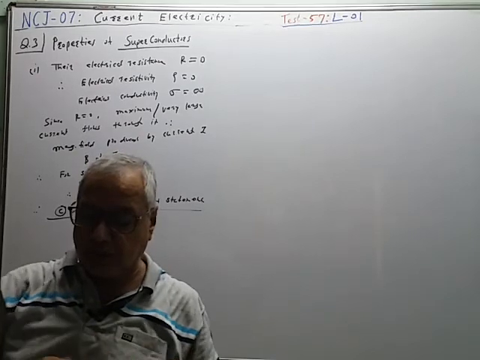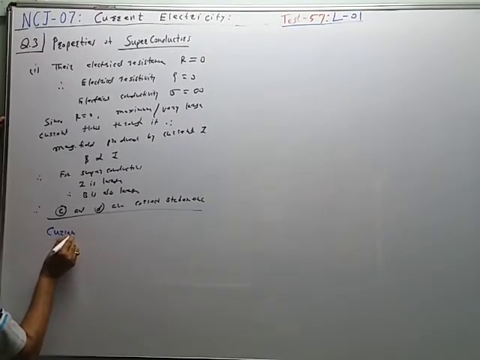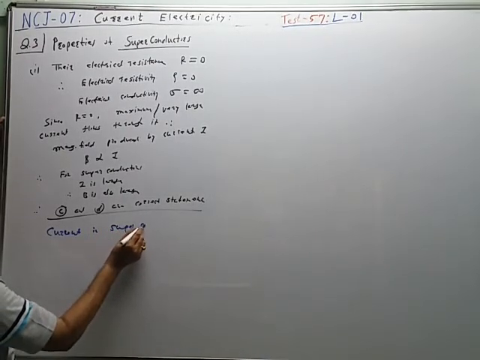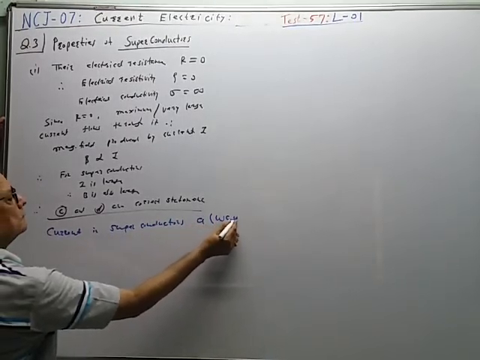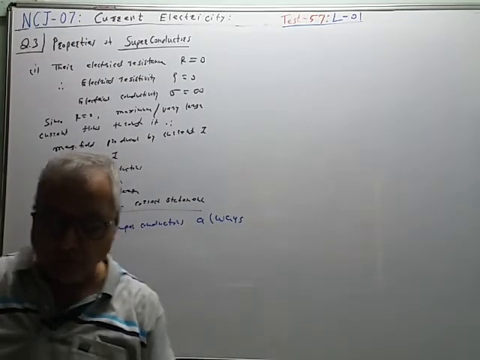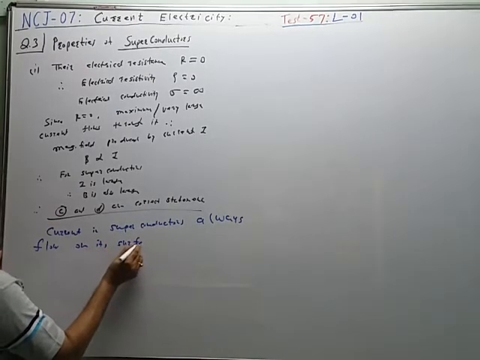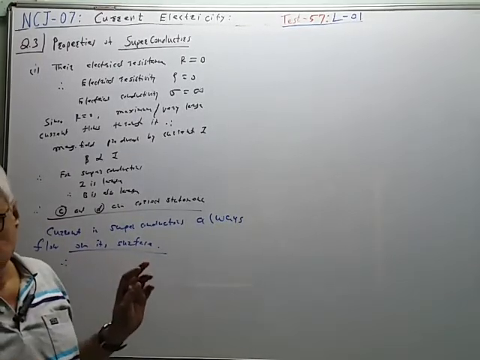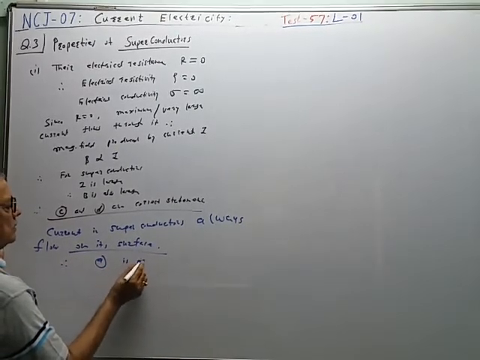Now, the flow of the current. Current in superconductors always flows on its surface. Therefore, A is the correct statement.